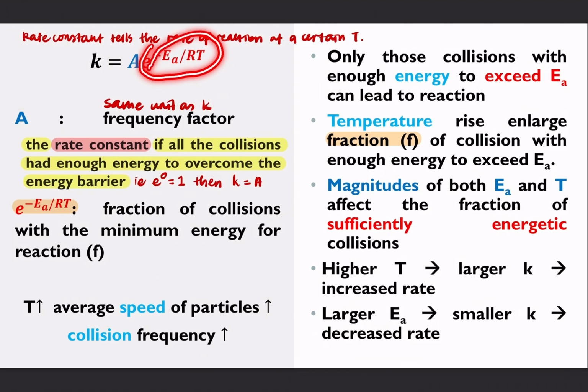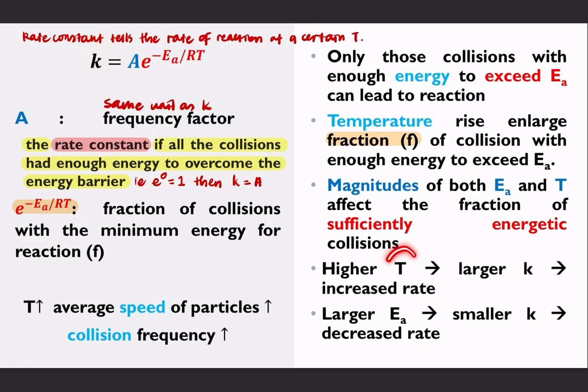With enough collisions with enough energy to exceed EA, the magnitudes of both activation energy and temperature affect the fraction of sufficiently energetic collisions. So EA and temperature will change the outcome. If you vary your EA or your temperature, your rate constant will change.